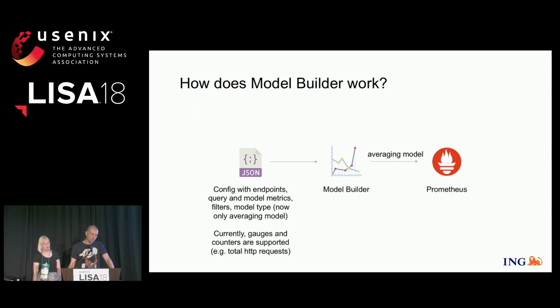What it does, it creates another metric, which is called model HTTP request total. And by doing that, it's going to expose it to Prometheus, so Prometheus could scrape it again. And within Prometheus, you have 2 metrics, and you could compare those 2 metrics.